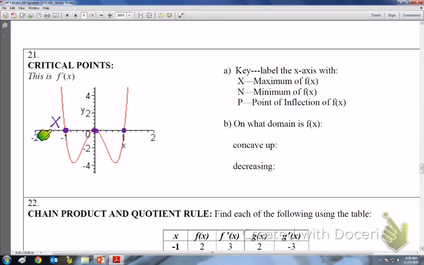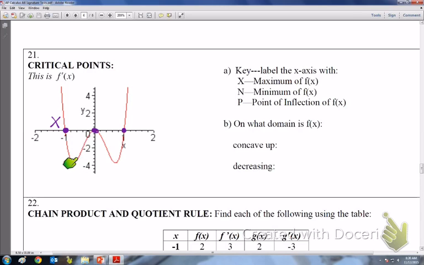That is a maximum on the original function. Again, because my first derivative is going from positive to negative and I have a horizontal tangent line in between, that means there's a turning point right there, and it's a maximum because the original function is going from increasing to decreasing.